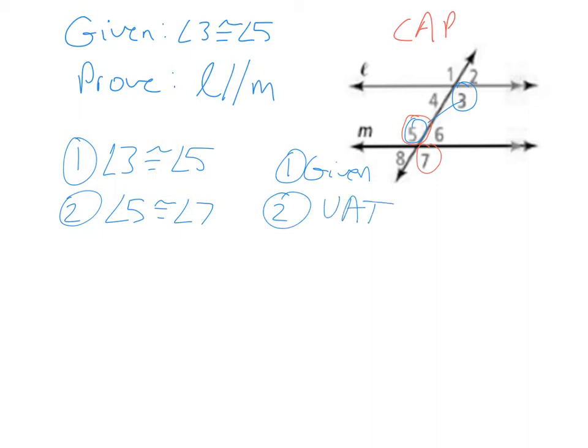So that theorem says that they have to be the same. Now in our last series of proofs, when we had this kind of chain reaction, we said there's a shortcut there. I can now just cut out angle 5 and say that angle 3 is congruent to angle 7. Whenever we did that shortcut, that chain reaction, that was the transitive property.